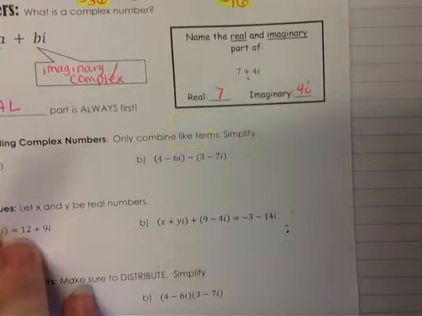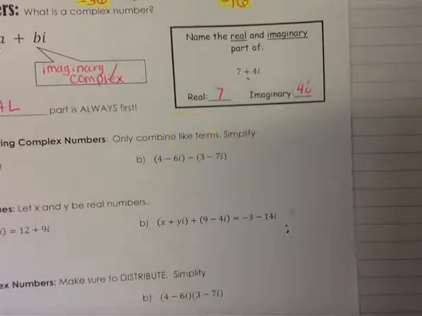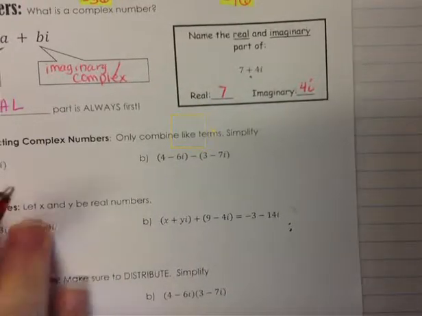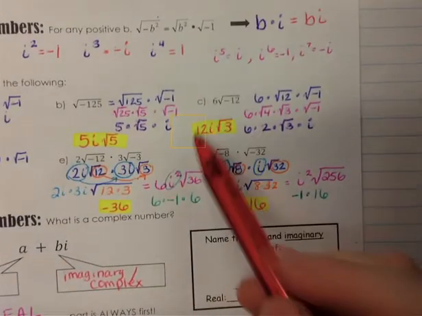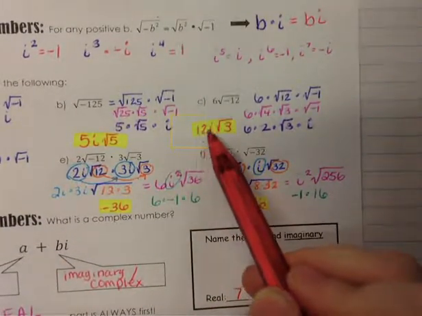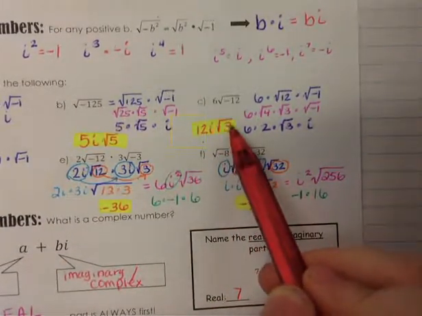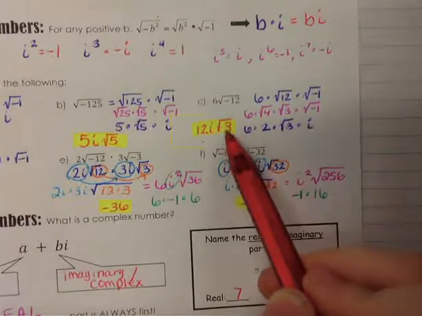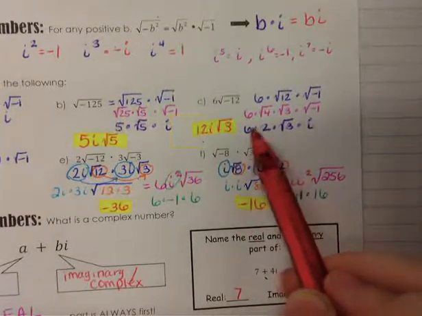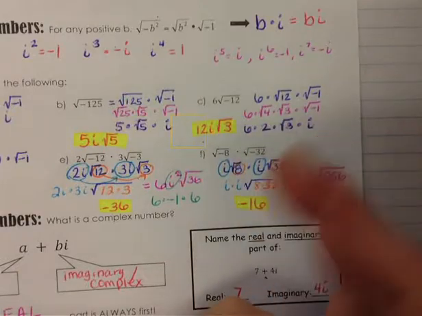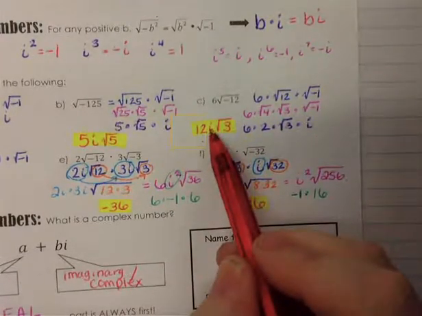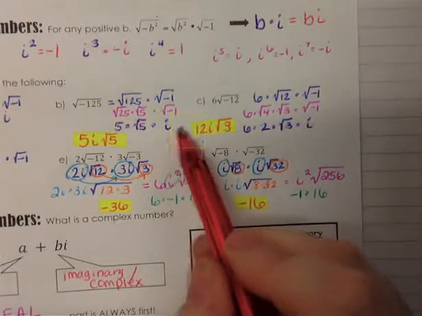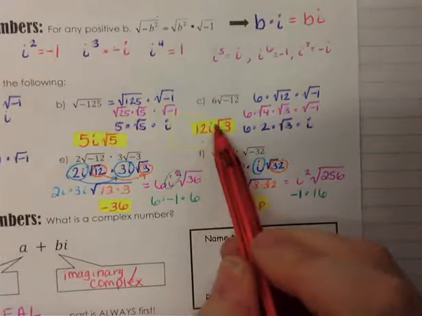Same thing, we always want to write the rational number first, then the irrational, which is one of the reasons why up here, if I were to say 12i square root of 3, square root of 3 is the irrational. The number 12 would be the rational part. i is the imaginary, so this would be 0 plus 12i square root of 3.